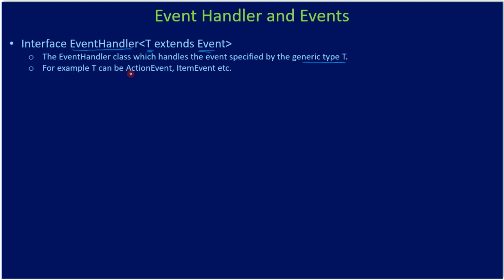For example, T can be action event or it can be item event. So when we progress with the JavaFX GUI tutorial, we will see many events, and this will become handy when you progress through the GUI tutorial.